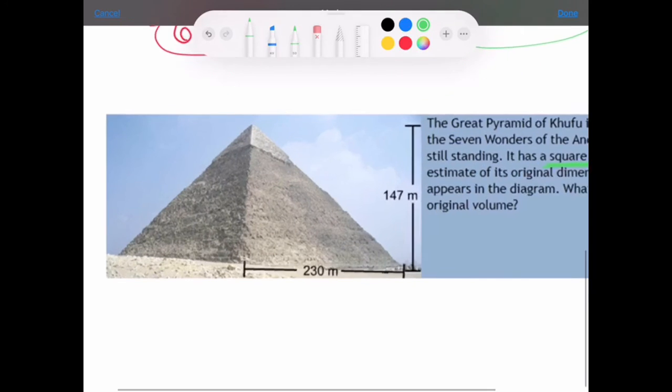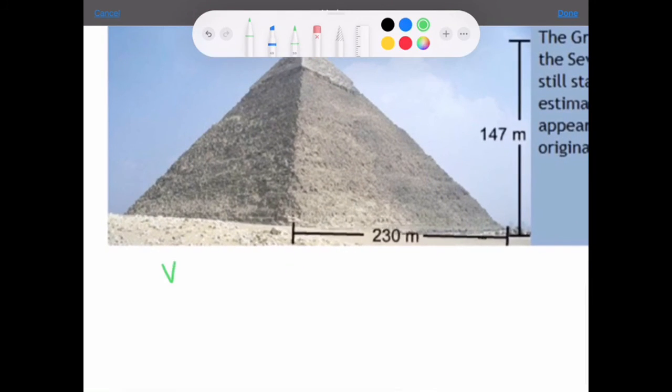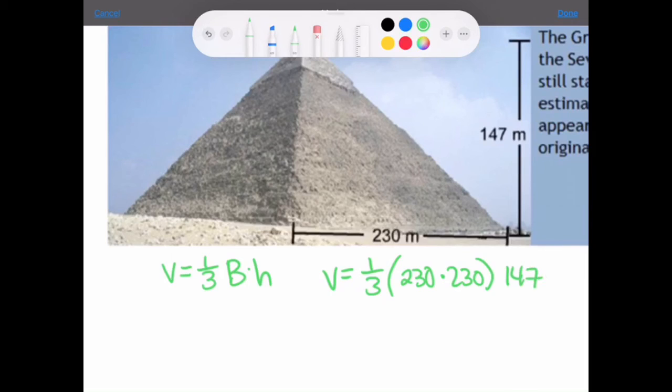Easy, right? Volume equals 1/3 base area times the height. Volume equals 1/3. Our base area is going to be 230 meters times 230 meters because we know it's a square base, times our height, 147.